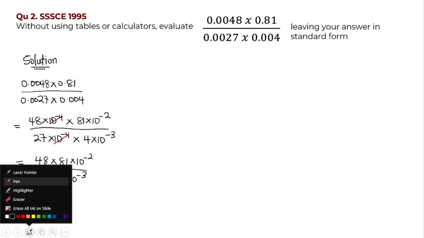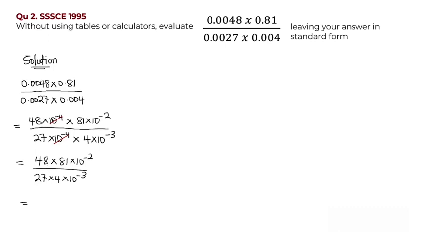Now if you look through, you realize that you can still cancel some things. 4 will go into itself 1, and it will go into 48 12 times. 27 will go into itself 1, and it will go into 81 3 times. So all that we are left with at the top is 12 multiplied by 3 multiplied by 10 raised to the power negative 2, and 1 multiplied by 1 multiplied by 10 raised to the power minus 3 at the bottom.